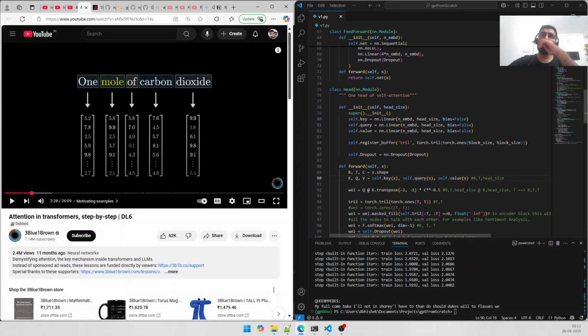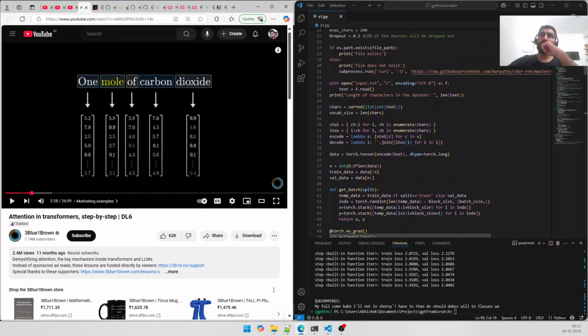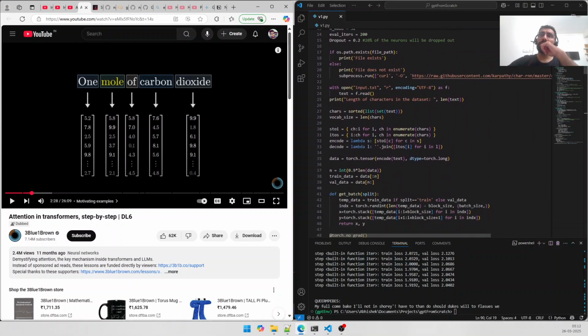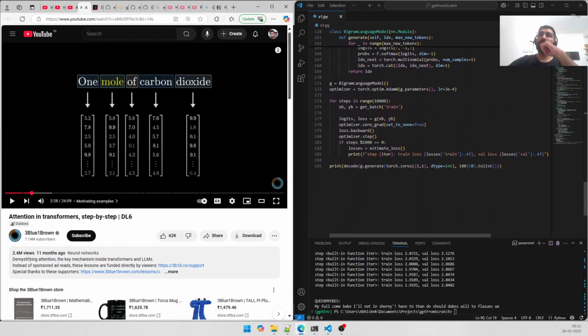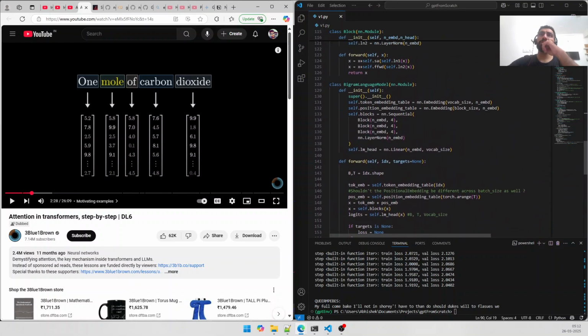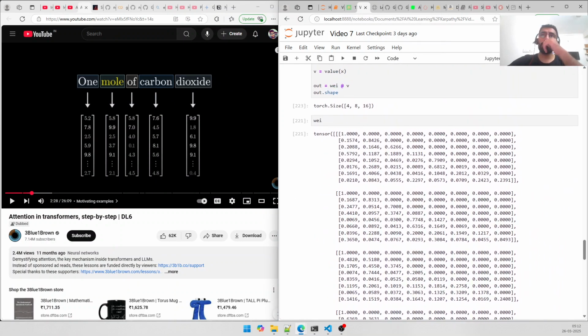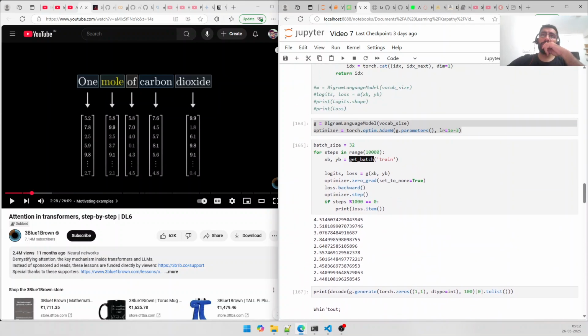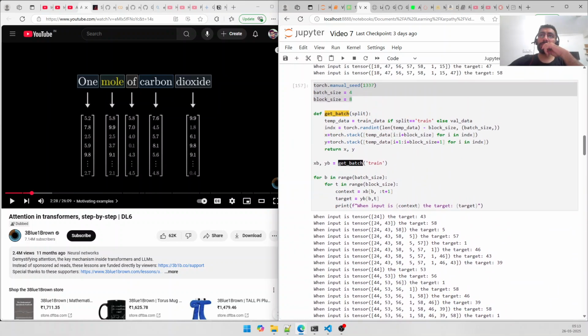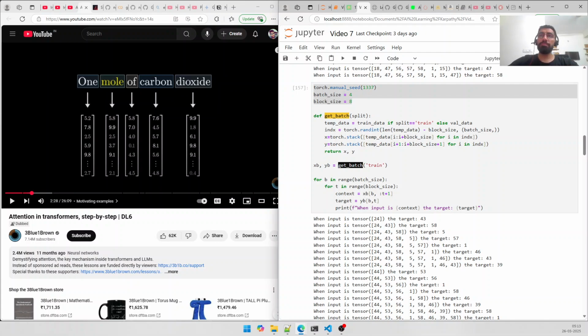I think so. What he's saying is that initially we are trying to associate tokens with a number.